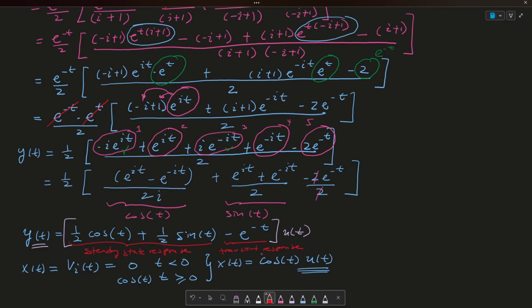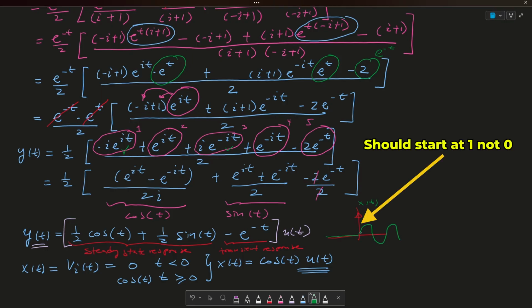And essentially the transient response is how your system behaves on that initial impulse. So my input x of t was this unit step function, right? So it went like this, and then it started having a little cosine function to it. So this initial impulse here of my x of t, how does my output respond to it? This value e to the minus t tells us how it responds to that initial transient.